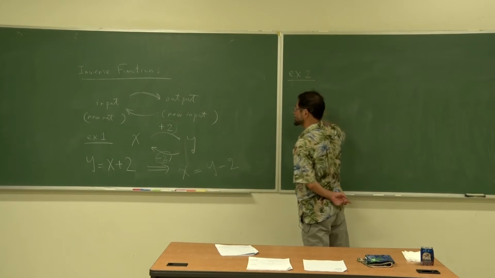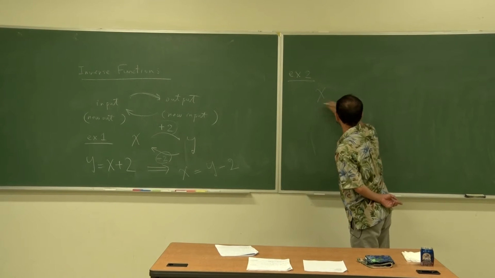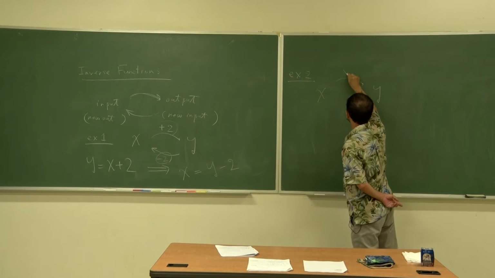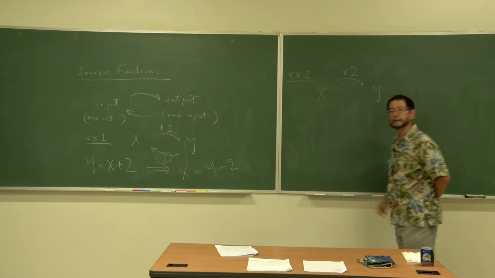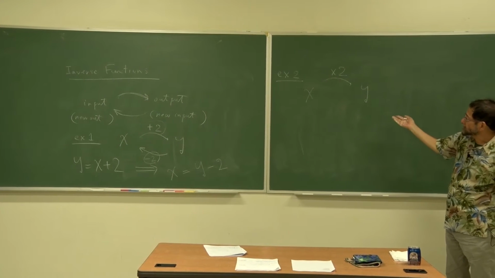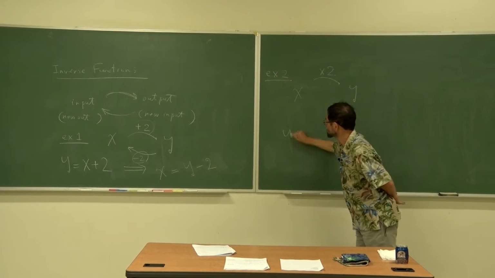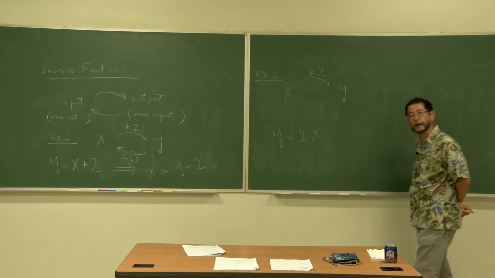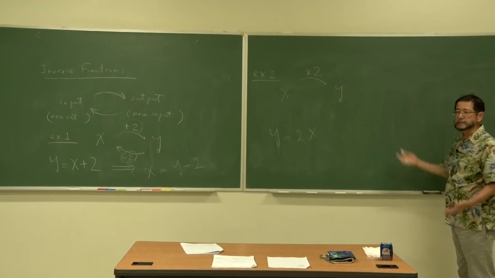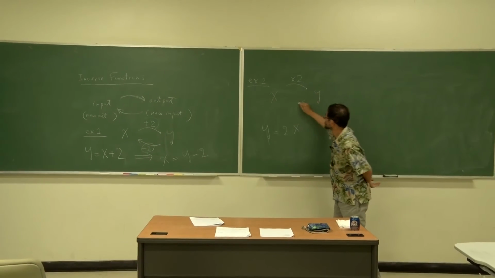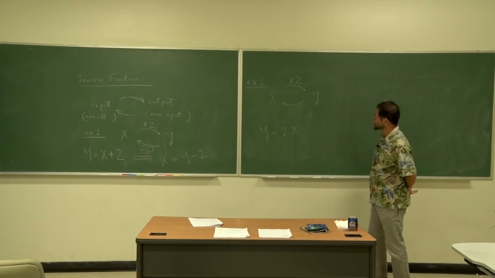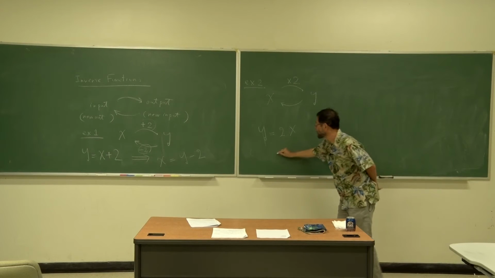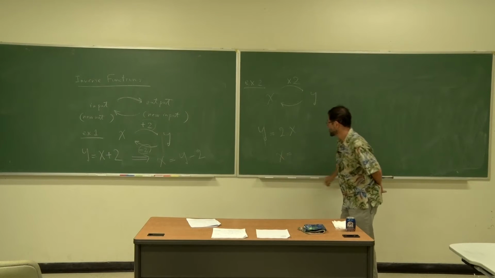Instead of adding 2, let's look at multiplying by 2. So y is a function of x. This is a doubling function, so in the equation, you can just write y is equal to 2x. Now, what is the inverse of this? Again, you can find the inverse by solving this for x.